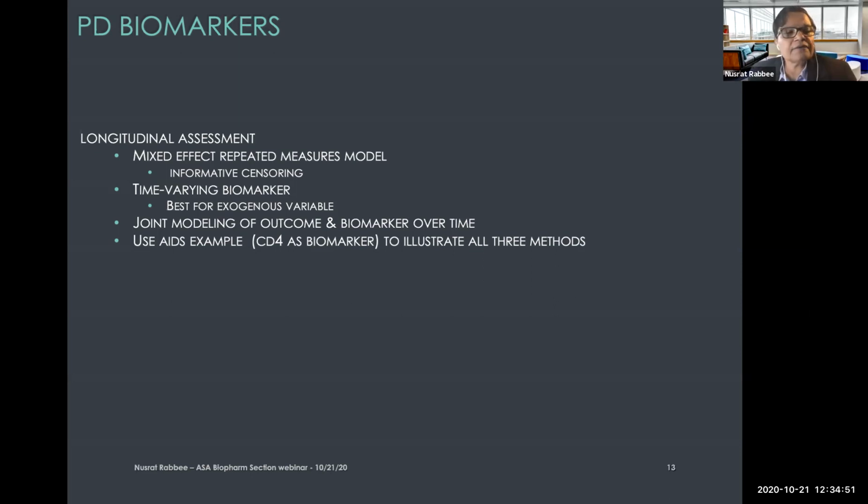So the joint modeling framework is to actually explicitly correlate the biomarker with the outcome. And so there's several papers out there, and I've implemented in the book the methodology laid out by Rizopoulos in the R package JM joint models, and applied to an AIDS data set.